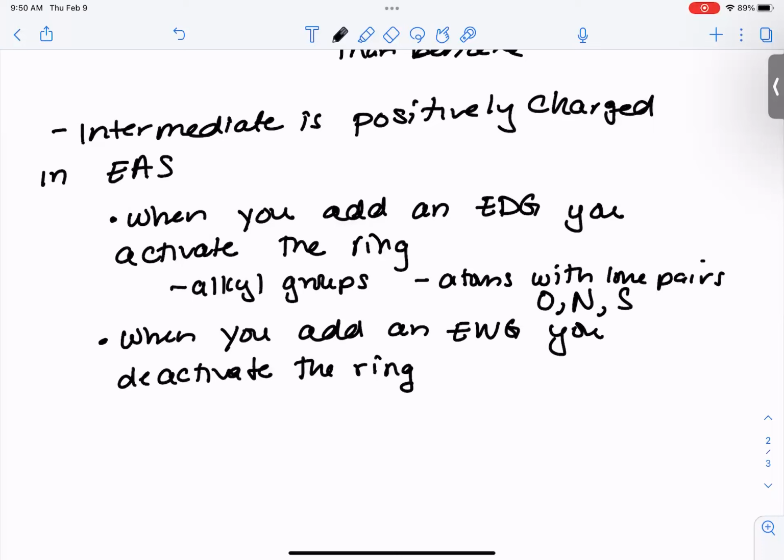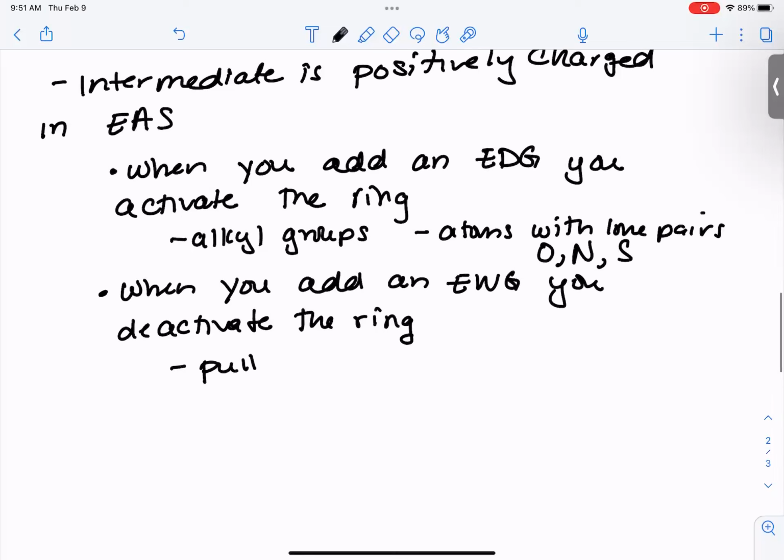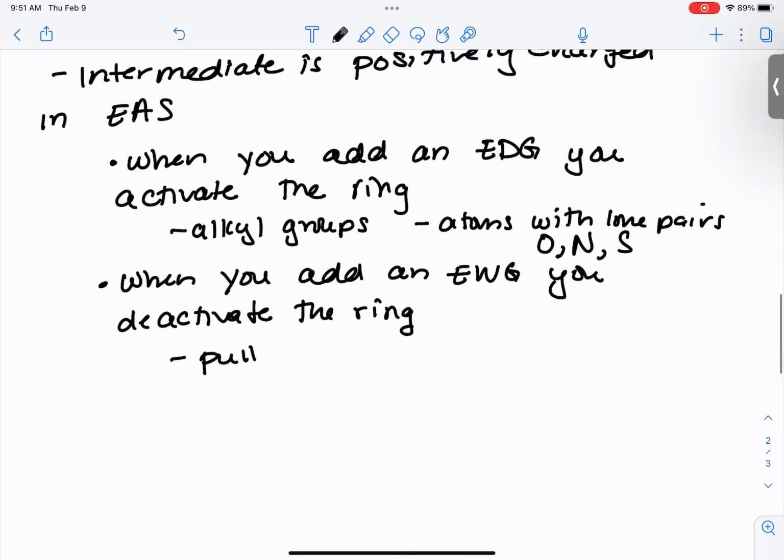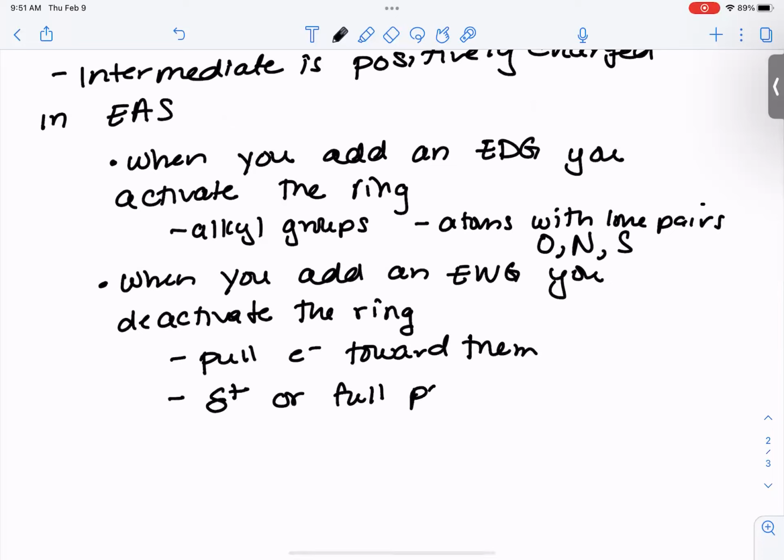Your deactivating groups, those are your electron withdrawing groups. So they are going to pull electrons toward them. So you're looking at anything that's got a partial positive or full positive charge.